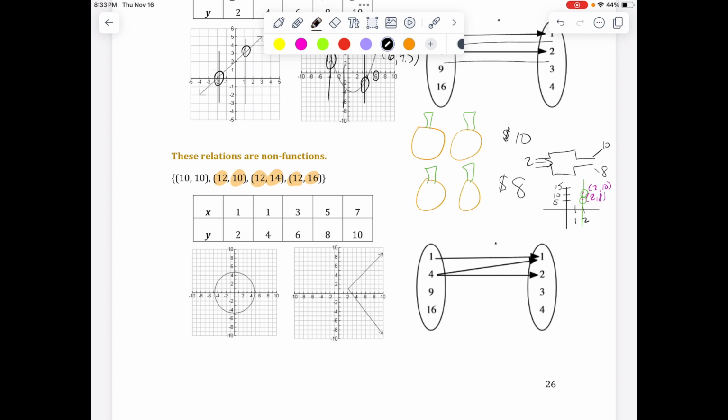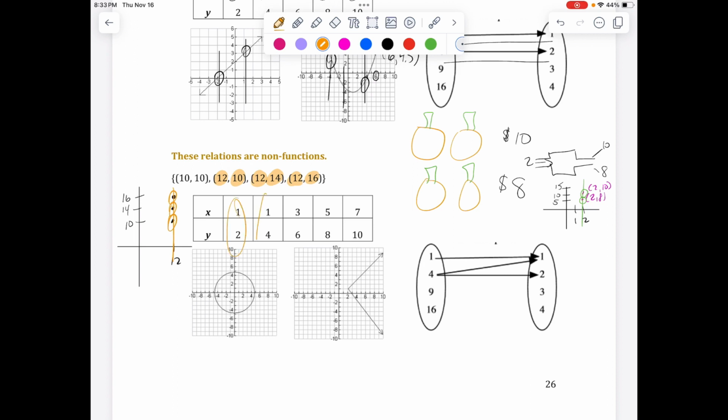And if we were to graph that, where we've got a 12 here, we've got a 10, a 14, and a 16. I cannot have 3 outputs for 1 input. The vertical line test touches more than once, so it's not a function.